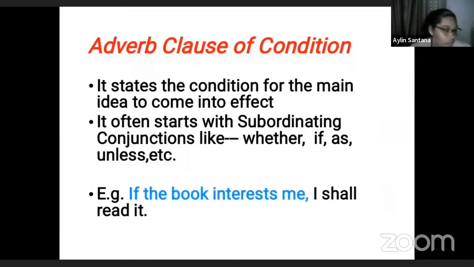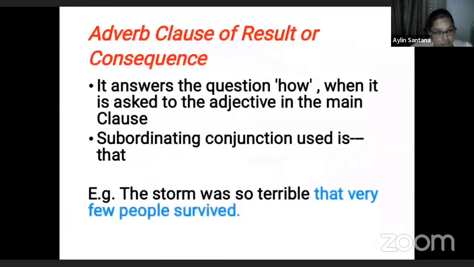So let's see the next adverb clause, that is adverb clause of result or consequence, we can say. This adverb clause of result or consequence answers the question how when it is asked to the adjective in the main clause. So now see, in the adverb clauses we have seen before, we were asking the question to the main clause's verb.